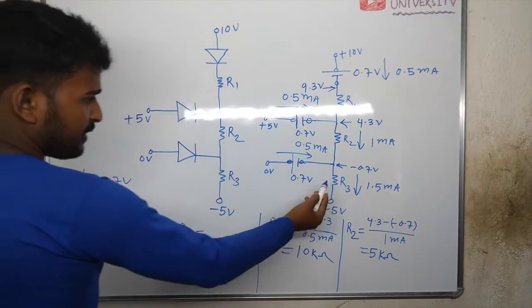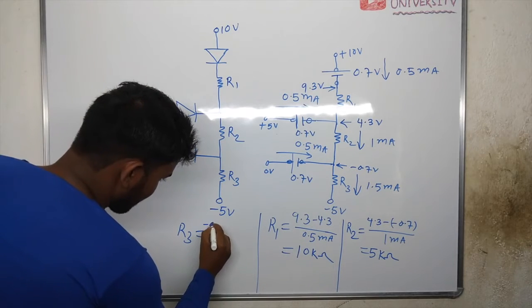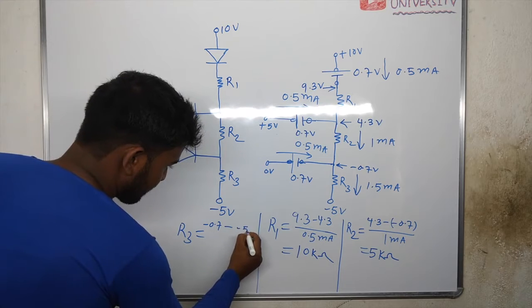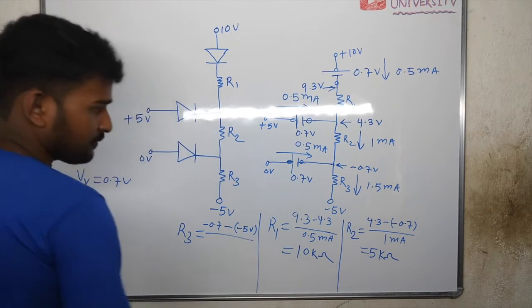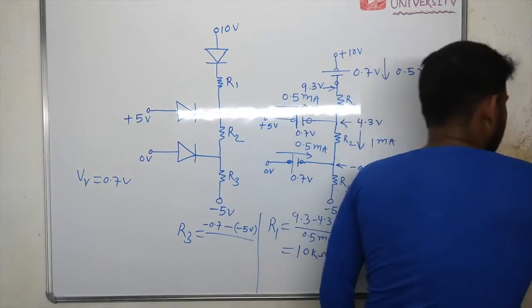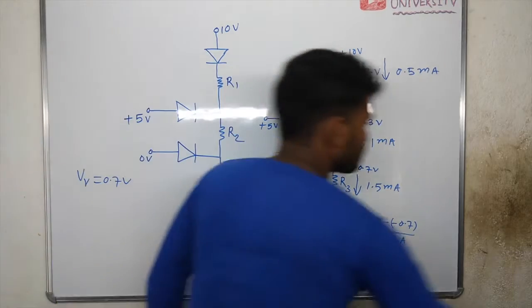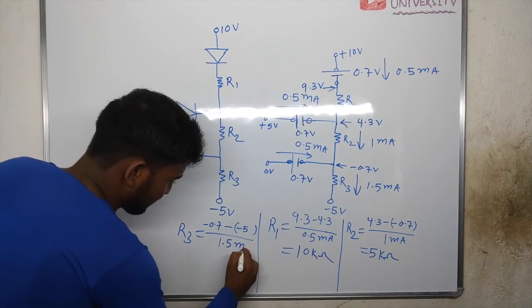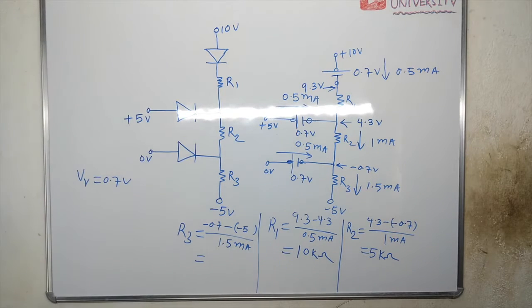So how to get the R3 value? R3 will be this voltage minus this voltage, that is minus 0.7 minus of minus 5, divided by 1.5 milliampere. So it will be 5 minus 0.7 divided by 1.5 milliampere.